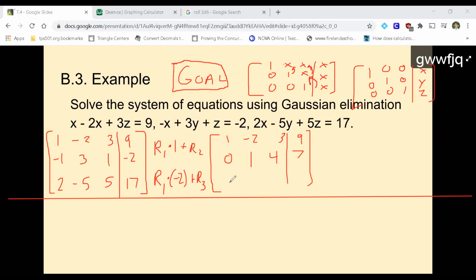All right, to get my new row 3, I'm taking all the elements in row 1, multiplying them by -2, and adding them to the elements of row 3.